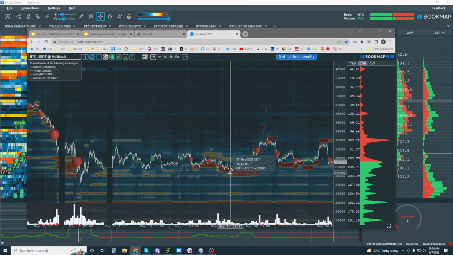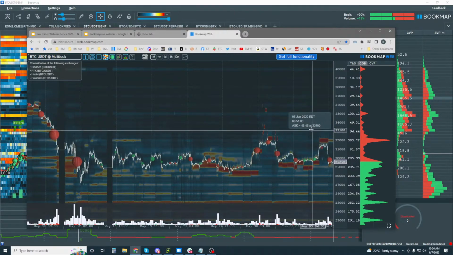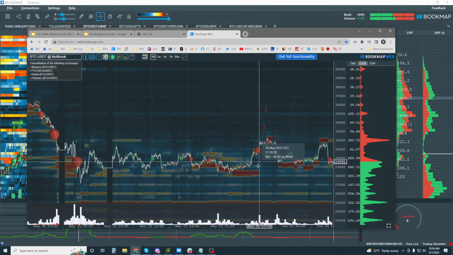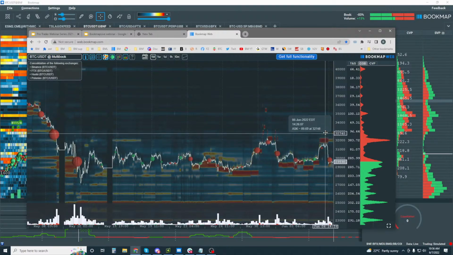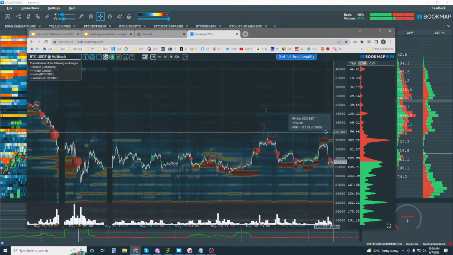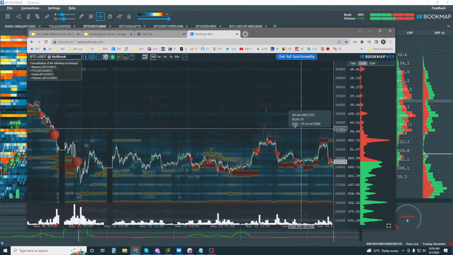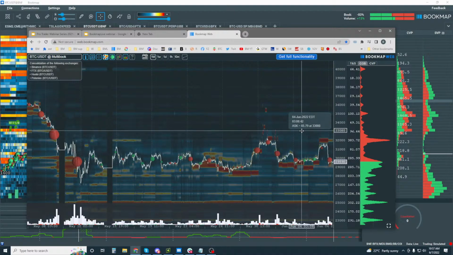That bodes pretty well for what we've seen the last couple of days, this move to the upside and the move right back down. On the higher time frame, we're still looking for this to go a bit lower. It even made a lower high, and look at the high liquidity at 32,000 up here. Amazing. They don't want to tangle at all with this high liquidity.